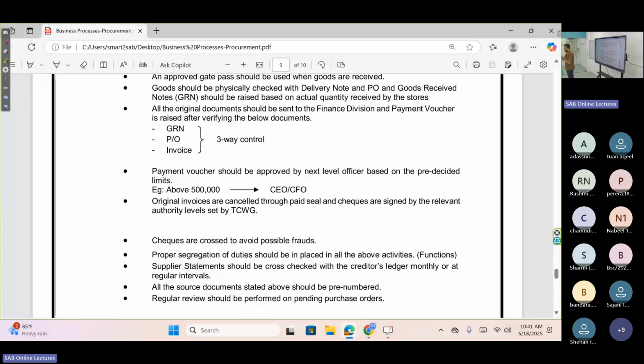The objective is to avoid duplicate payment: already paid, paid seal. Whatever other controls they can place, the point and objective is avoiding duplicate payments.